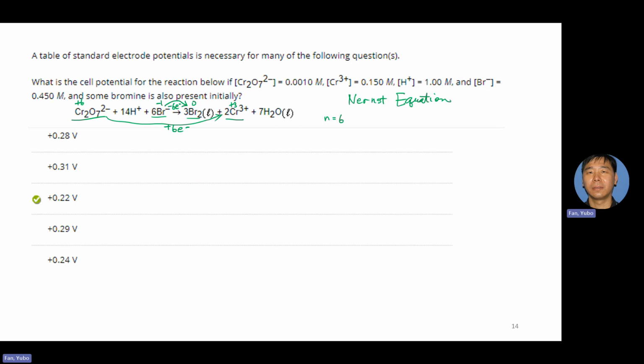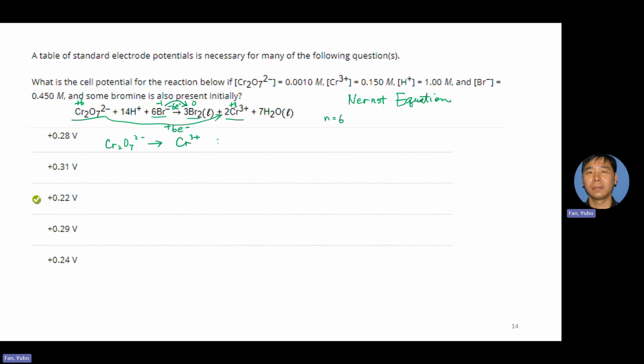First, we need to find the potential for the half reactions. Searching for chromium, I can write dichromate to 2 chromium 3+. I just simplified it; you shouldn't write it this way.